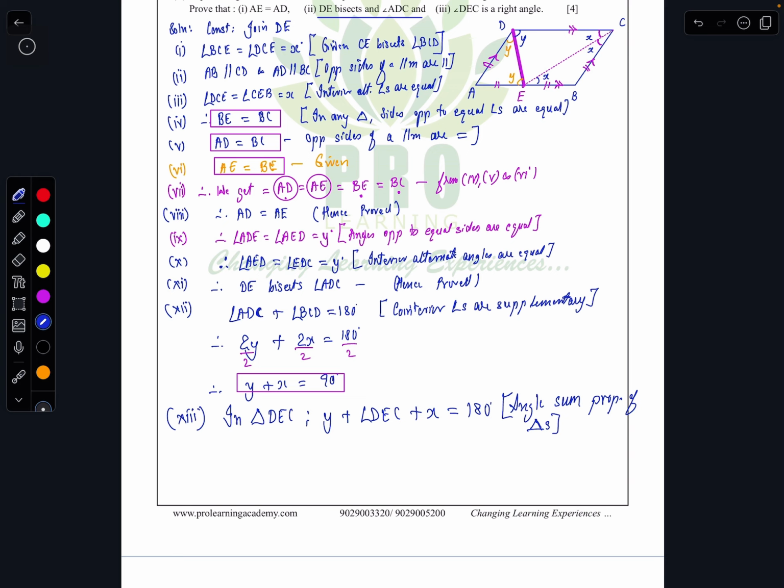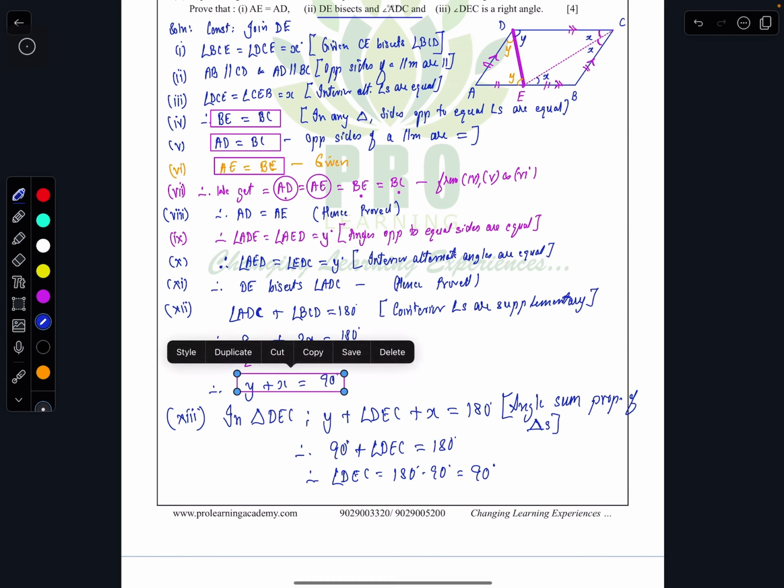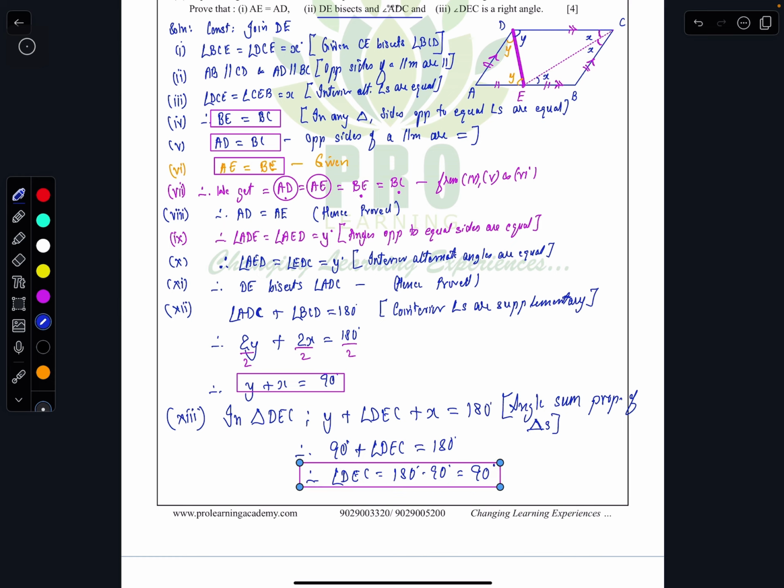But we already knew x plus y was 90, therefore 90 degrees plus angle DEC is 180 degrees. Therefore, angle DEC would become 180 minus 90 degrees, which is 90 degrees. So the last piece is also completed here, that the angle DEC is 90 degrees. We proved it is a right angle.